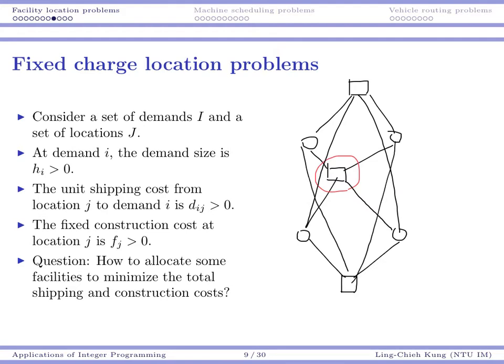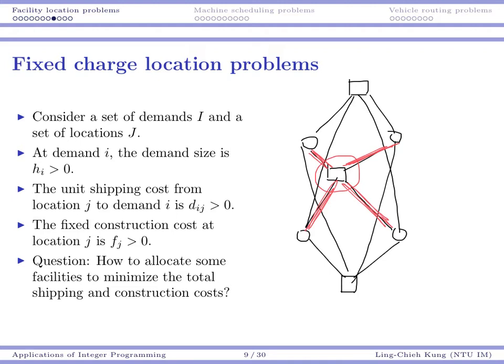Okay, so your network would be something like this. So that's the first difference. And now, if you select only the facility in the red circle, you are going to ship products along these four links. And that's of course one alternative.